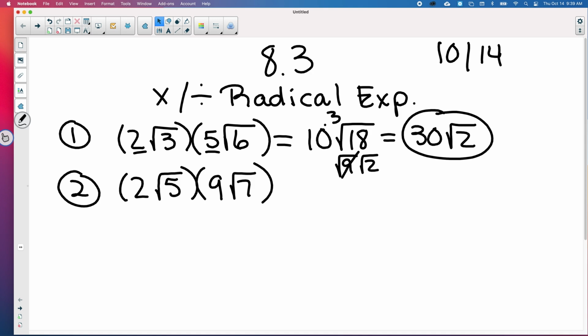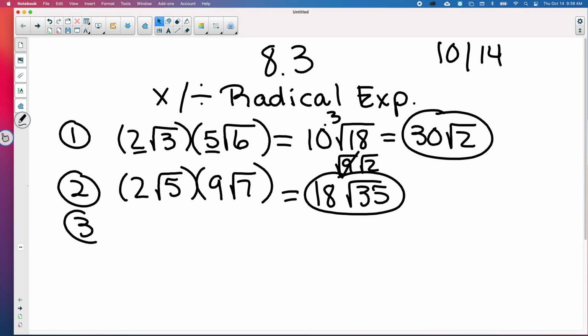What'd you get for that one? Thank you. 18 radical 35. And radical 35 didn't simplify, so that was all you had to do there. So if it'll simplify, you should simplify it. If not, then you're done. So you'll have some where you're just multiplying 2 radical expressions together like that.